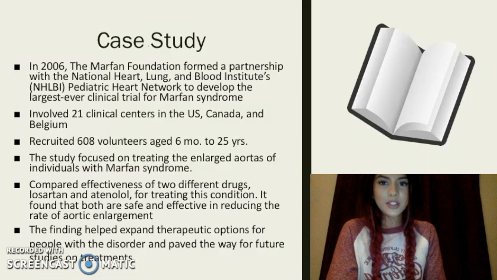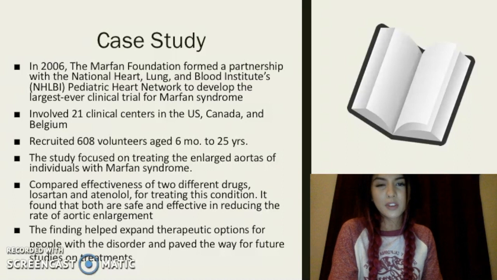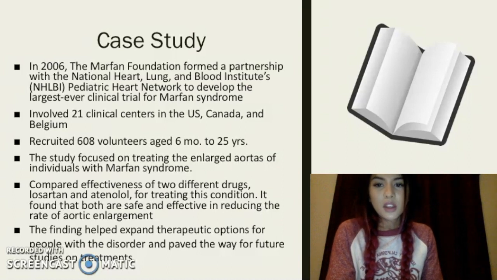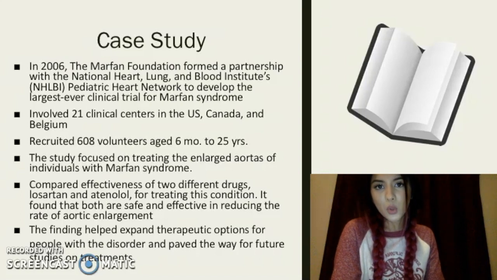In 2006, the Marfan Foundation formed a partnership with the National Heart, Lung, and Blood Institute's Pediatric Heart Network to develop the largest ever clinical trial on Marfan syndrome. This involved 21 clinical centers in the United States, Canada, and Belgium, and they recruited 608 volunteers ranging from 6 months to 25 years old.